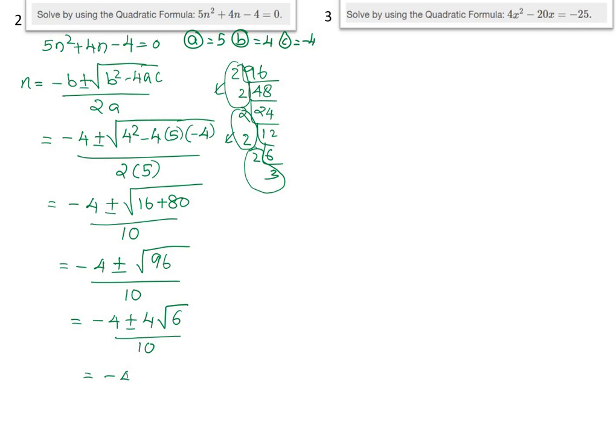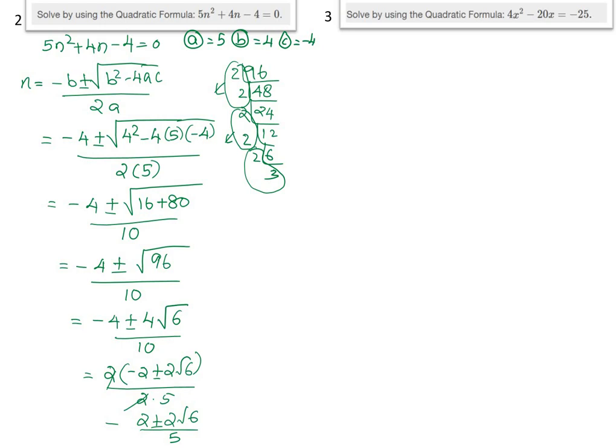So negative 4 plus or minus, so we can take 2 as a common term, just take 2 outside. Negative 2 plus or minus 2 root 6 over 2 times 5, the 2 gets cancelled, so we have negative 2 plus or minus 2 root 6 over 5.